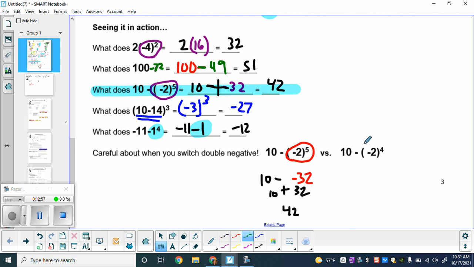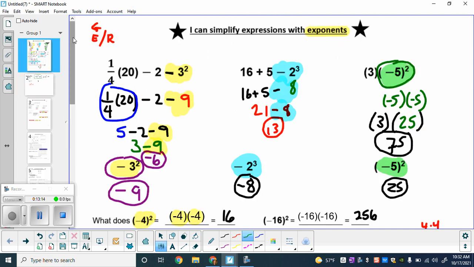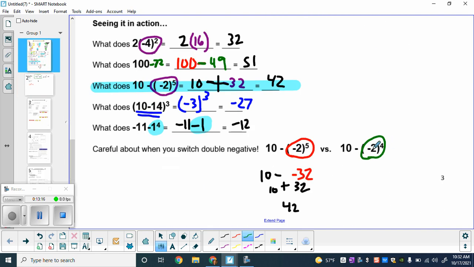Now let's take a look at the next one. So see how we have an even exponent? That negative 2 to the 4th power, we already mentioned on the other page. That's a positive 16 because you've got this 4 times this 4, and 4 times 4 is 16. So we know that that's a positive answer right there. That's a 16. So this thing in green is a 16. It's not a negative number like this one.